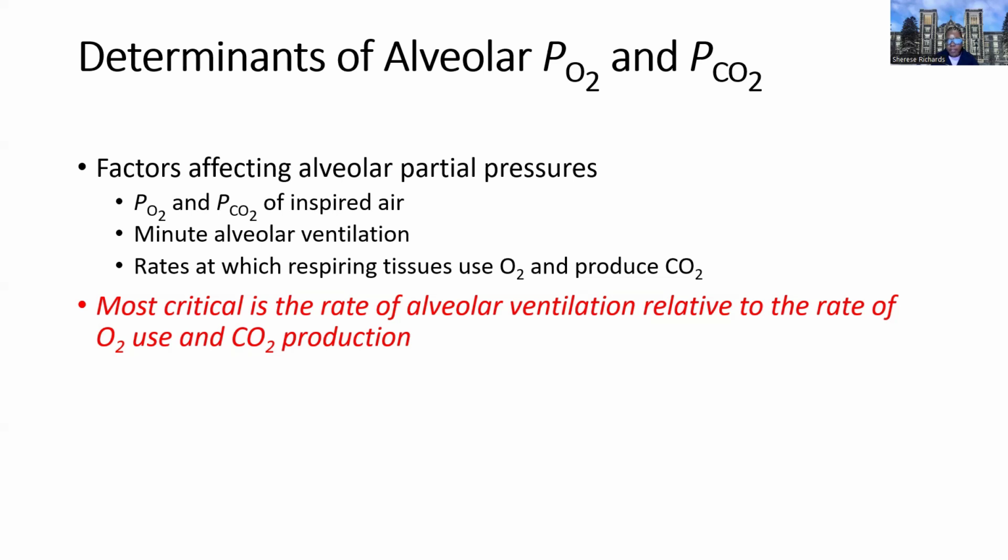There are three important factors that affect the alveolar partial pressures. One is the partial pressures of the gases in the inspired air. And this can, to a very small extent, be determined by your elevation, whether you're at a place that's very high above sea level, very low compared to sea level.